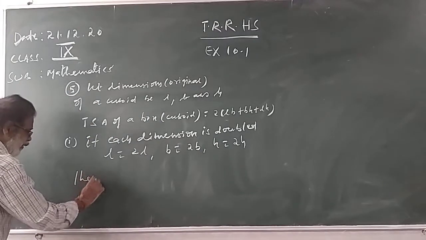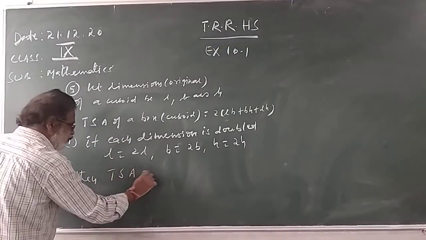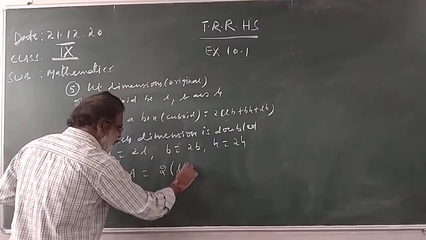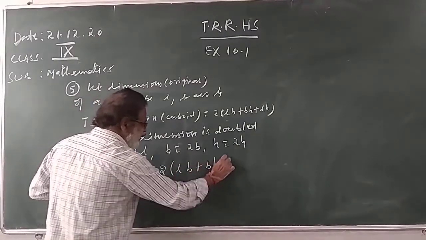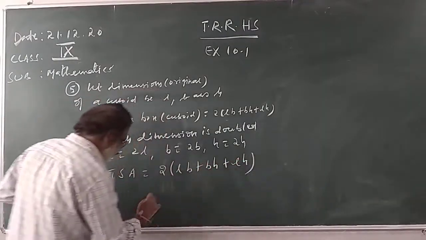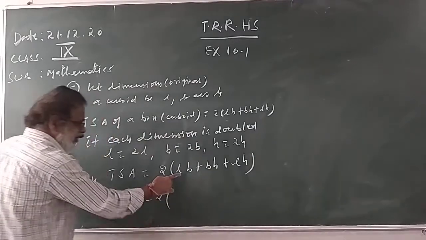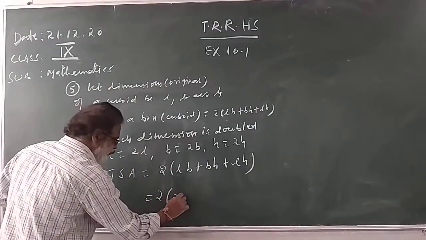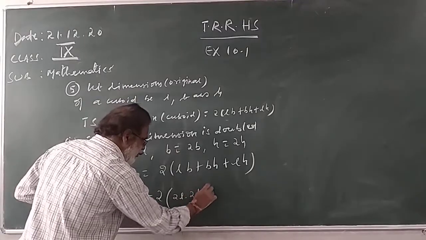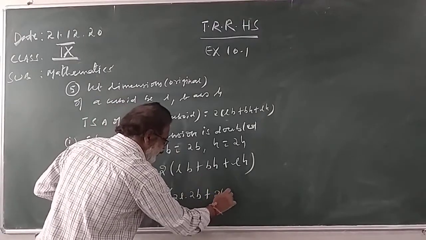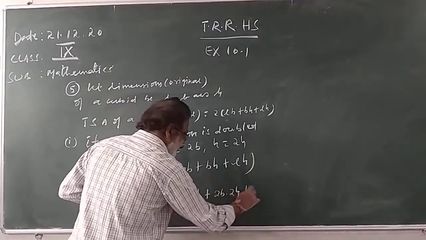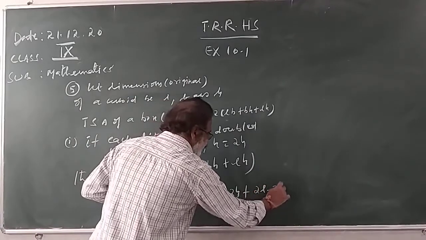Then TSA is equal to the formula 2 into LB plus BH plus LH. So substitute values. L value 2L, B value 2B, B value 2B, H value 2H, L value 2L, H value 2H.